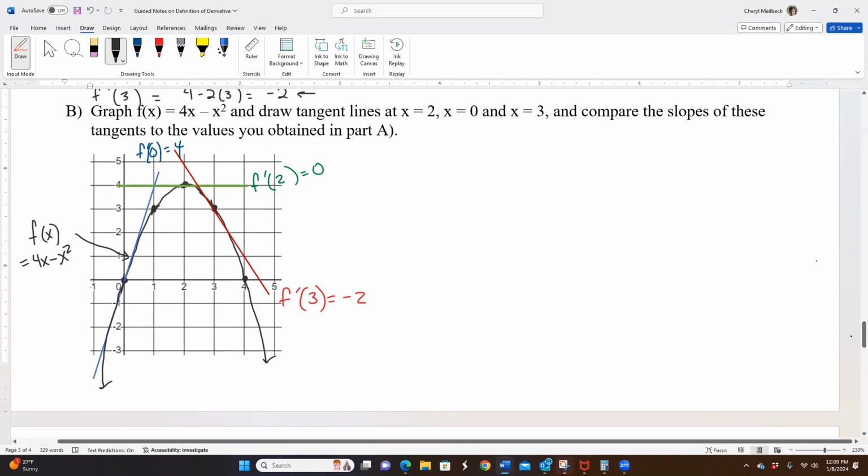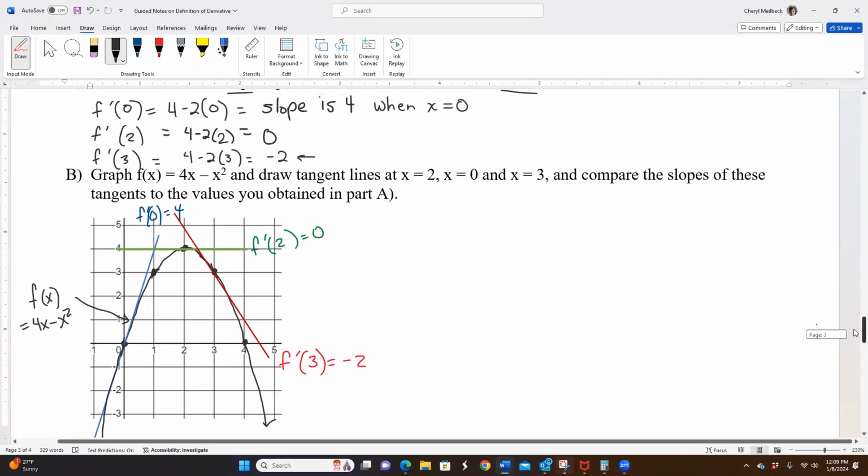So if we scroll here a little bit to remind what we obtained in part A, we found that the derivative at 0, the slope, was 4 when x is 0. So here's x is 0, and the slope of that tangent line drawn to the best of my ability is about 4.